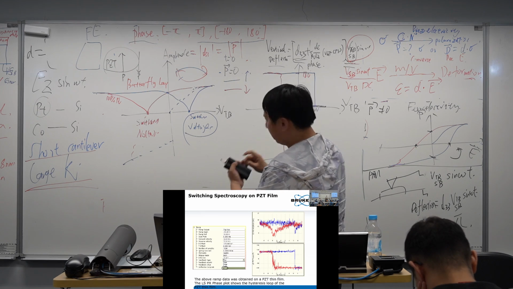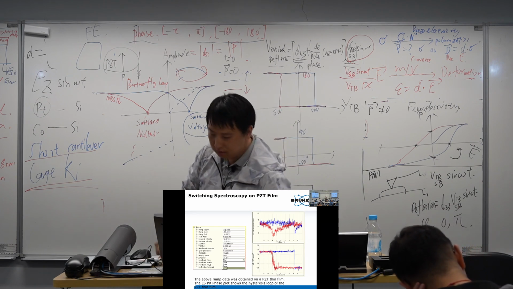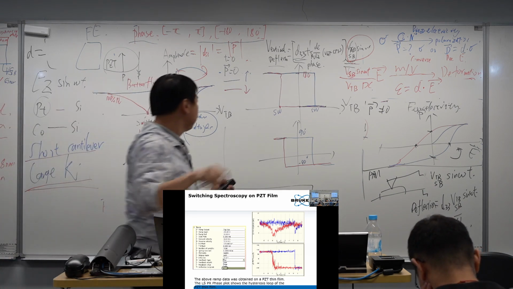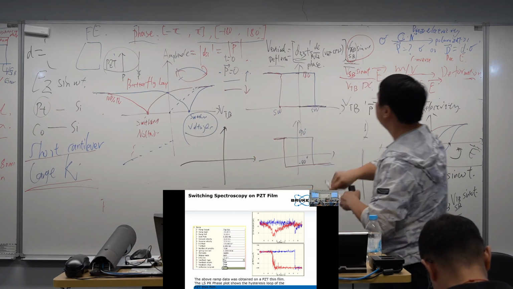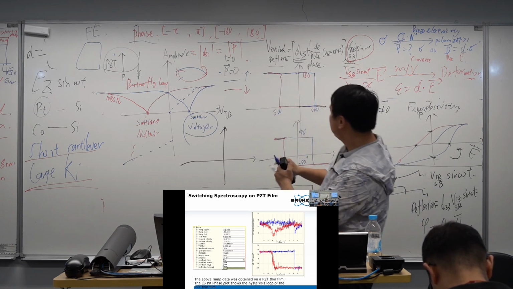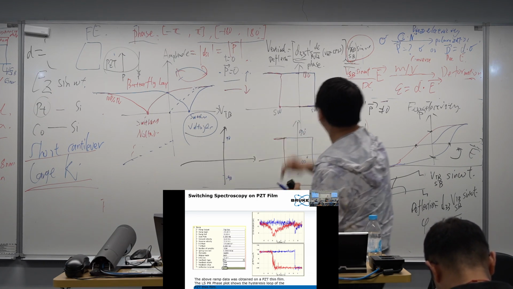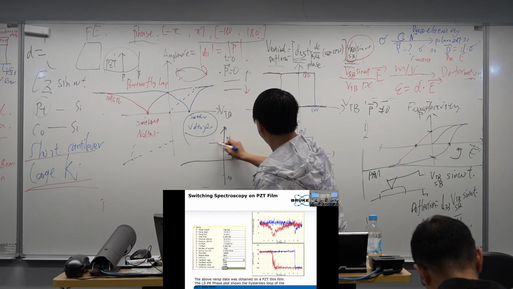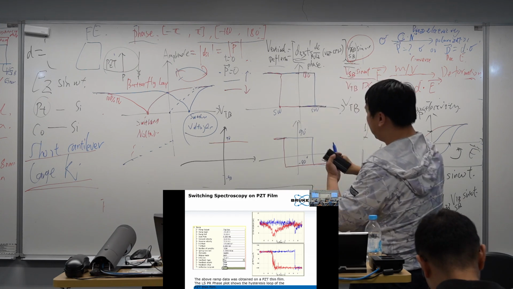We shift it up, so this term will be 90. This one is negative 90. So this branch will be 90, and this branch will be negative 90.